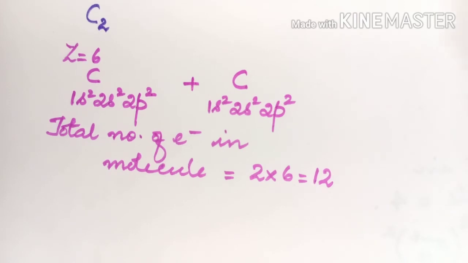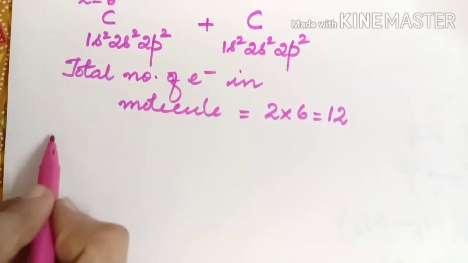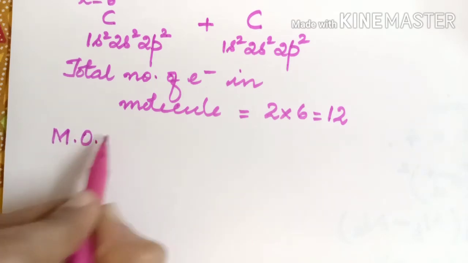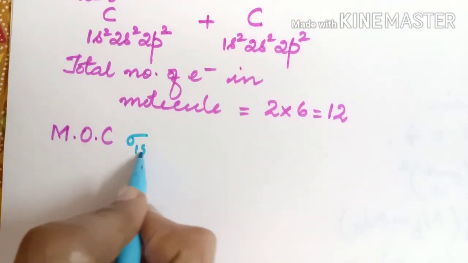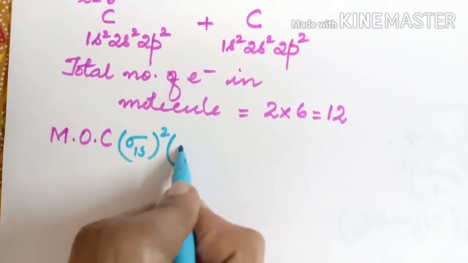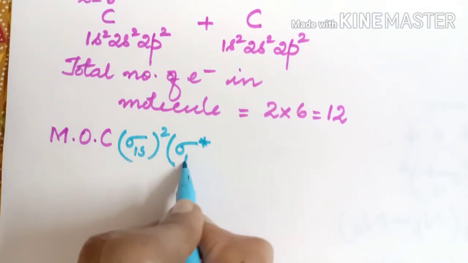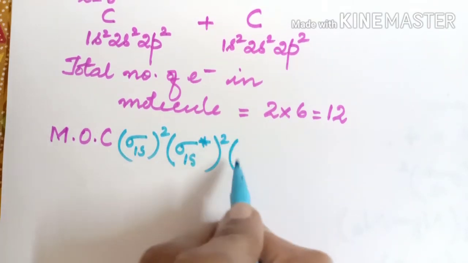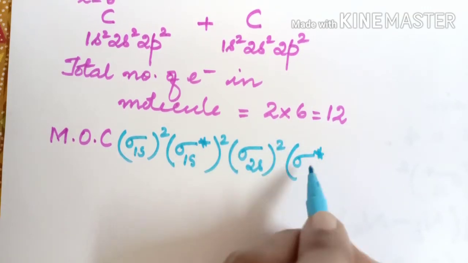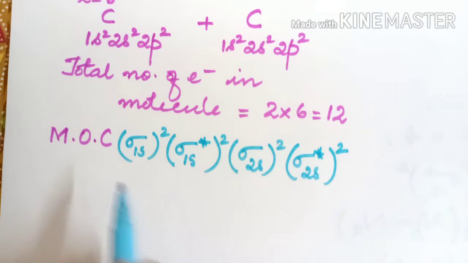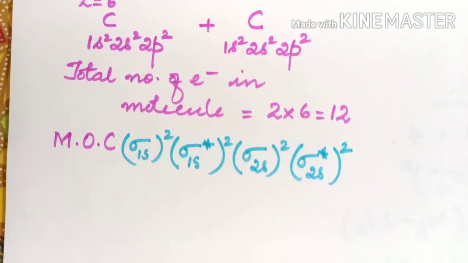Now we'll check what will be the molecular orbital configuration. We begin with sigma 1s, so we have the configuration sigma 1s2. Next higher level is sigma star 1s2. Then comes sigma 2s2, sigma star 2s2, which is the next higher orbital. We have arranged 8 electrons in them. What is left over is 4 electrons.